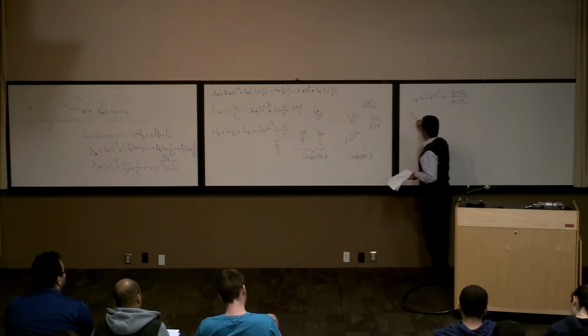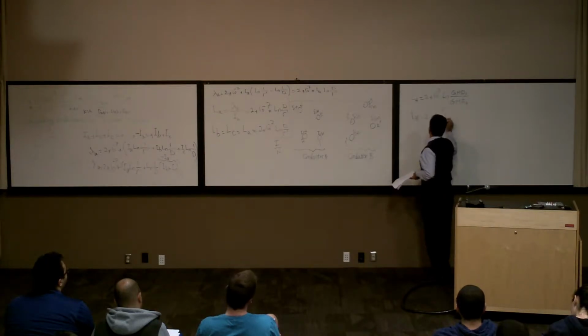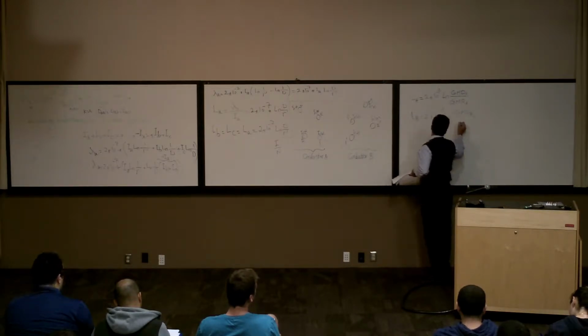And the same thing for LB is going to be 2 times 10 to the power of minus 7 ln of GMD over GMR B.